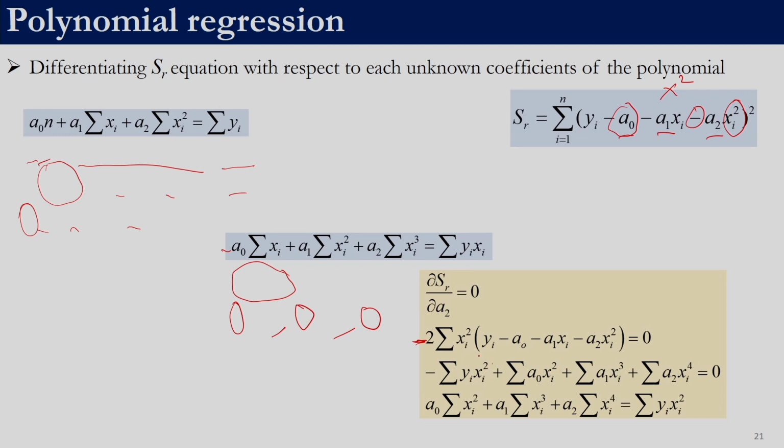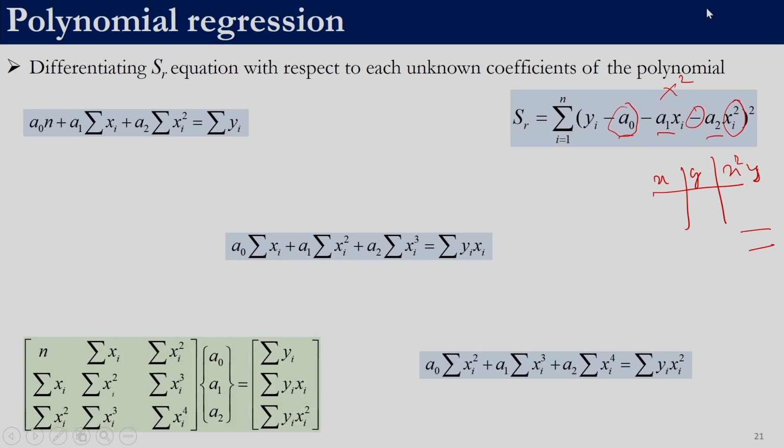And then over here this term would be completely known because you have x and y, so you can calculate x square y. Square each element of x, multiply it with y, and then sum it up over here. So, this term is known, and that can be taken to the right hand side. Otherwise A naught, A1, A2 are the unknowns, and these coefficients can be determined. So, these are the 3 normal equations in this case.